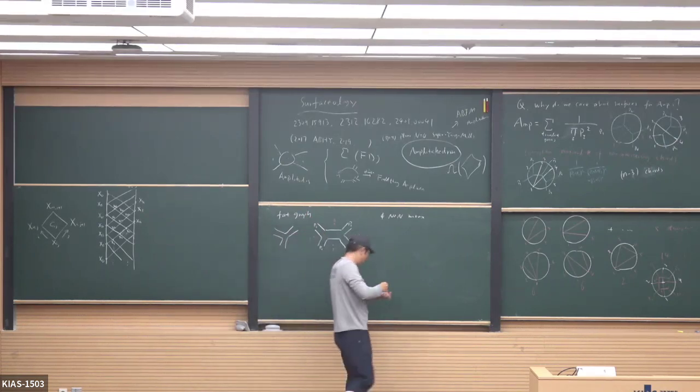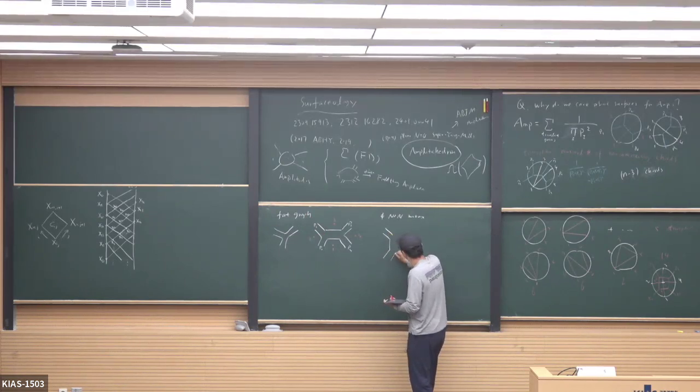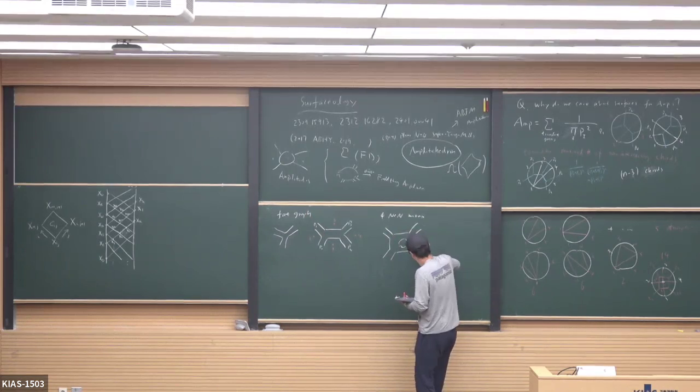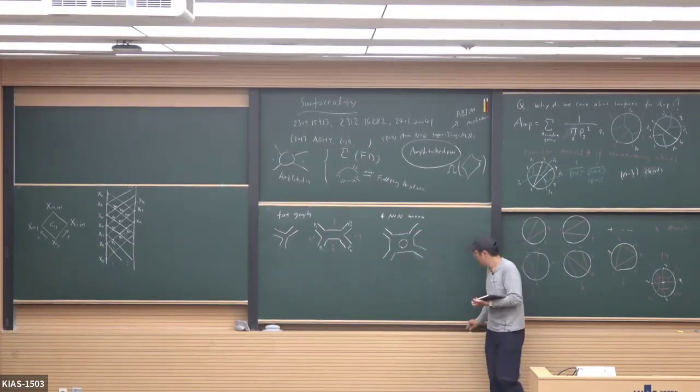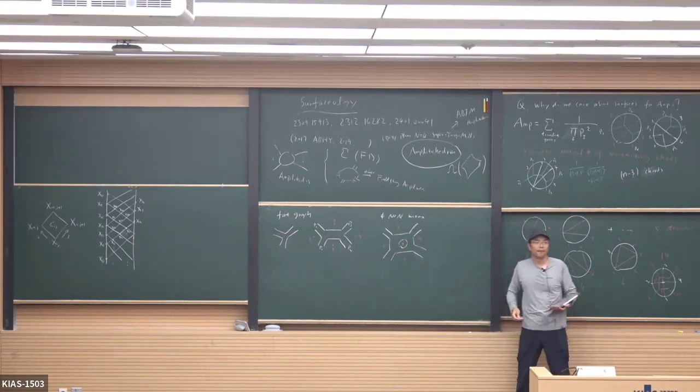So for example, this one loop case would look like that. This box diagram in fat graph looks like this. Okay? So I have my marked points 1, 2, 3, and 4, and also my puncture here. Let me call it X. Okay?